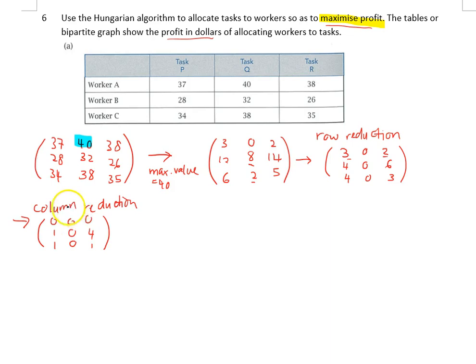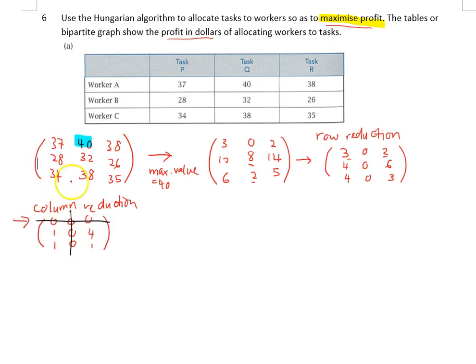Okay, I do using a column. Here I can cover 3 zeros. Next I still have 2 zeros. What is the way I can cover these 2 zeros using the minimum number of lines? I can draw a horizontal line. Okay, 2 lines over here.